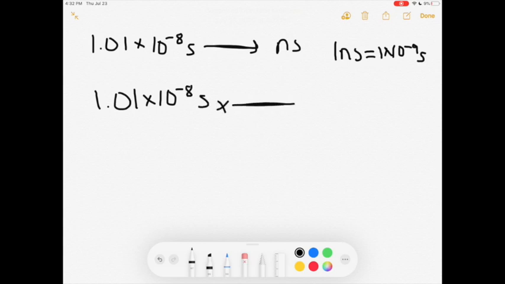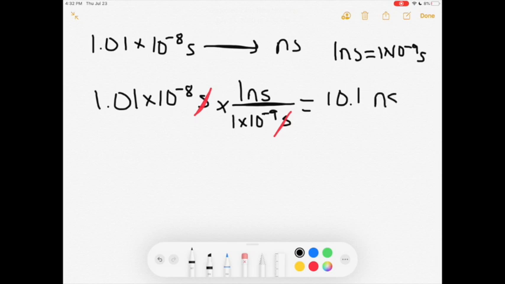I want seconds to cancel, so I'm going to put 1 times 10 to the negative 9 seconds in the denominator and 1 nanosecond in the top. Seconds cancel, and I get 10.1 nanoseconds for my answer. I started with 3 sig figs, and I'm ending with 3 sig figs.